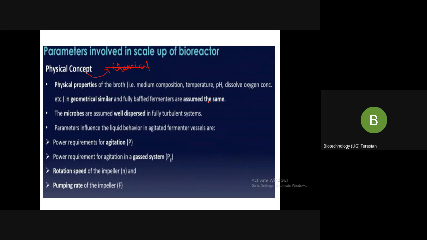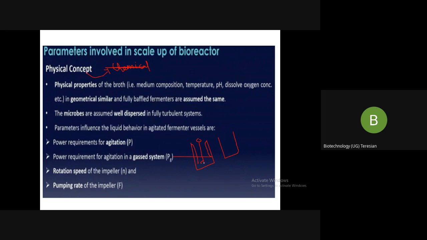But if you have this stirrer and no baffle, this also results in the vortex. For example, see here, this is a fermenter, and here I'm having the baffles here, and here is also a baffle. There will be at least 4 to 6 baffles present, and this is my impeller.